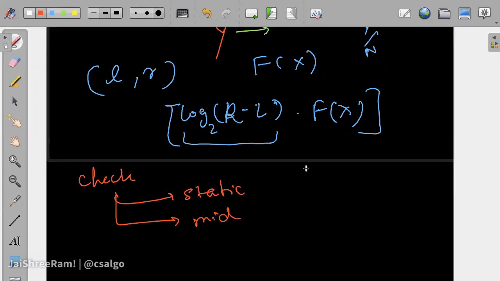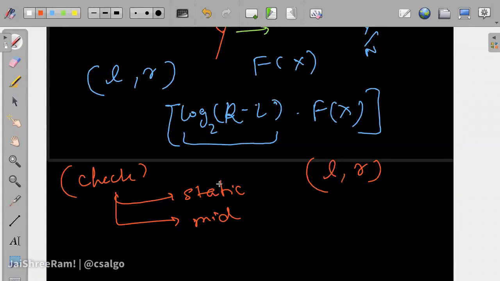You cannot use L and R in the function, like the space that you're searching in the check function. That's not how you generally try to do it. You can use the index positions, but you cannot use something that's changing, right?